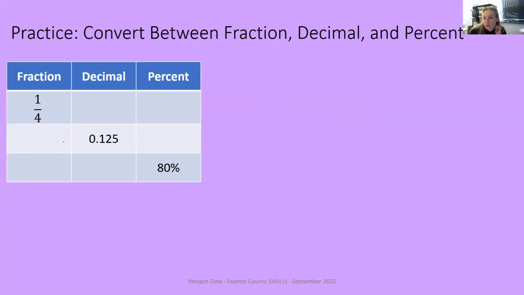In the second row, I've told you the decimal. You're going to fill in the fraction and the percent. And in the third row, I've told you the percent, and you're going to fill in the decimal and the fraction. So pause the video. See if you can fill in all of these missing numbers, and when you're ready, come back to the video, we're going to go through this together.